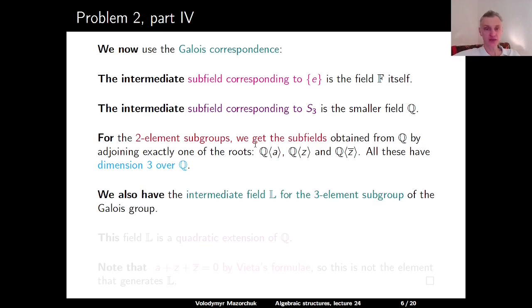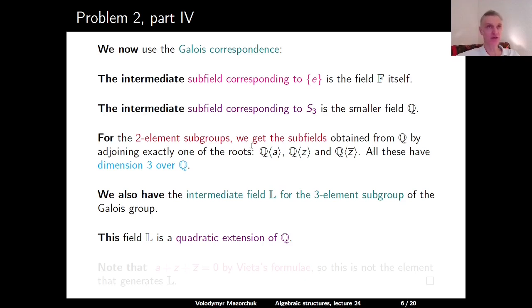And what remains is the unique subfield L, which corresponds to the 3-element subgroup of the Galois group. So this field L is a quadratic extension of Q because the subgroup has cardinality 3, and 6 divided by 3 is 2. And it's a little bit more complicated to determine it.